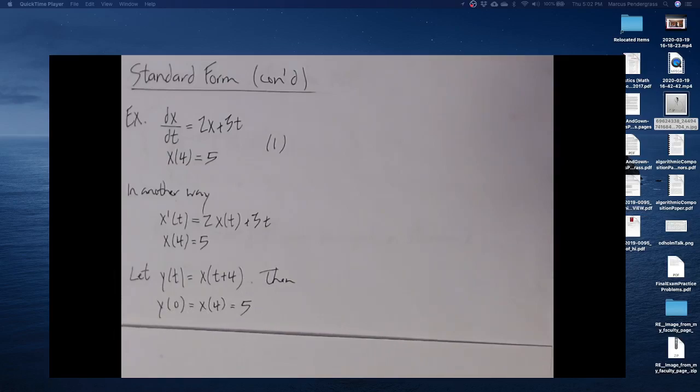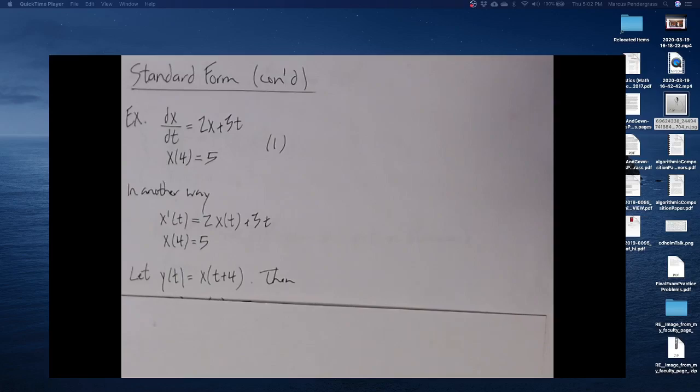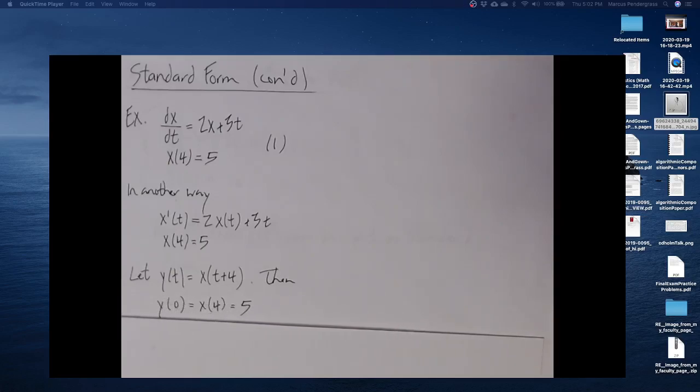Now, to change it to standard form, we essentially make a little substitution. Let's consider a new function y of t that's equal to x of t plus 4. The idea is that when t is 0, y of 0 equals x of 4, which is 5.